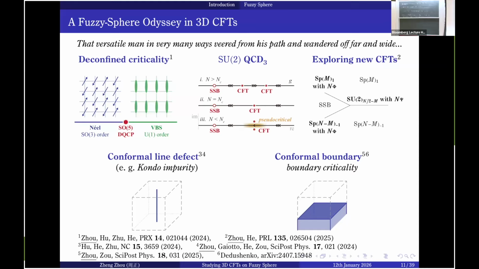When you decrease the number of flavors, these two fixed points become closer and closer, and they collide into the complex plane. They become complex CFTs. If the complex CFTs are very close to the real axis, then the physics you observe in this area, which we call the pseudo-critical area, is still controlled by these complex CFTs.